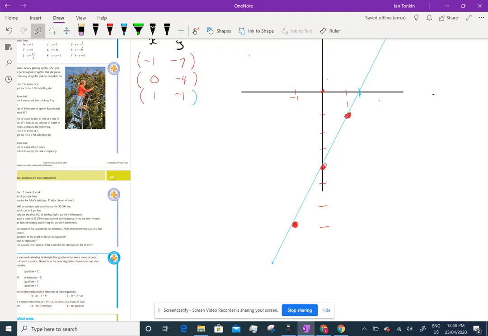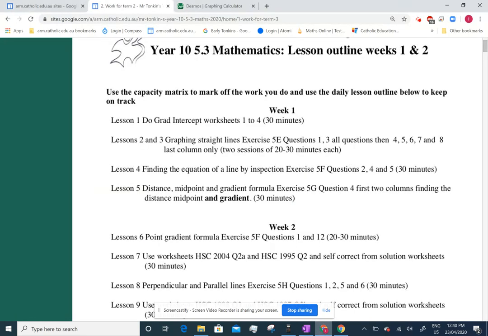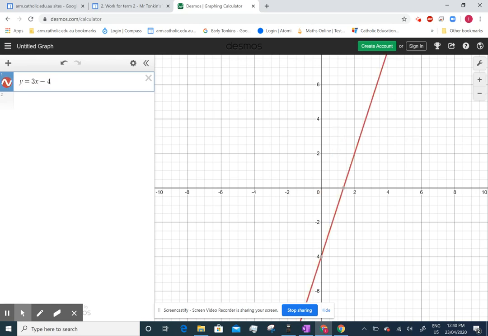So what I'm going to do is write this equation, y equals 3x minus 4, on Desmos and find that exact spot. So y equals 3x minus 4, and there's that spot there, and it's 1.333, or 1 1/3. Let's have a look. There's my 0 and -4.